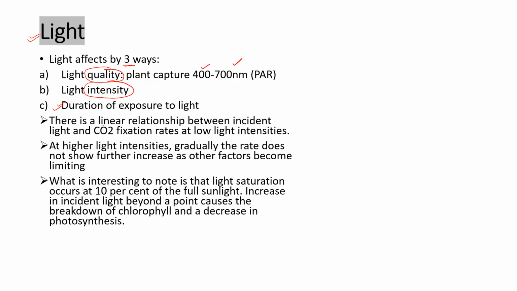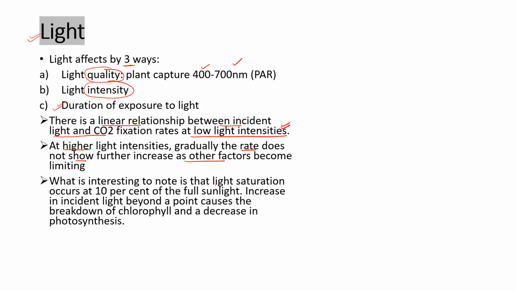There is a linear relationship between incident light and carbon dioxide fixation at low light intensity. But at high light intensity, we find that the rate is not increasing further. Some other factor might be becoming a limiting factor.